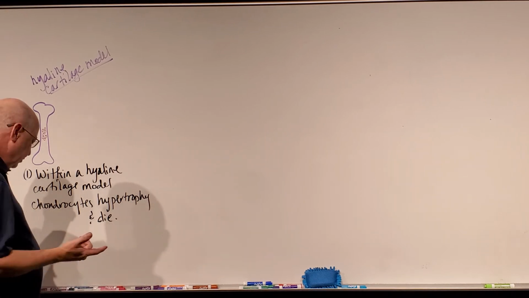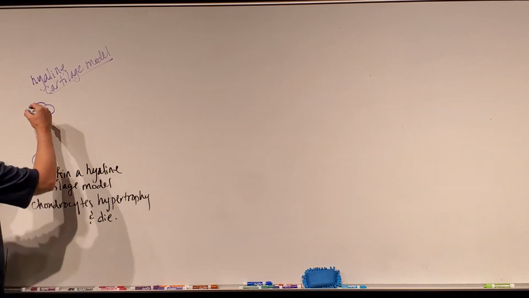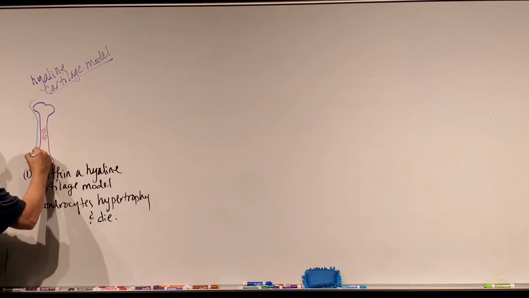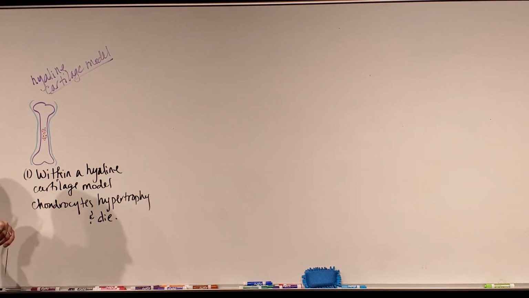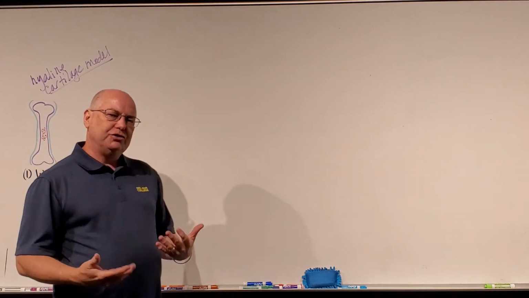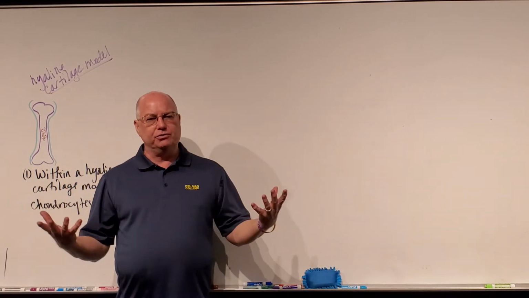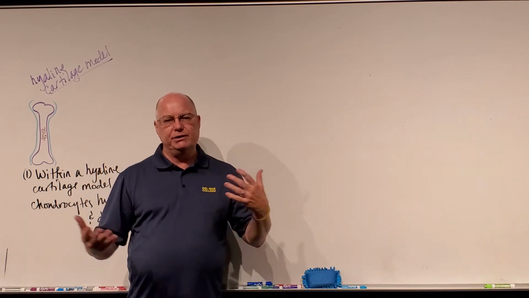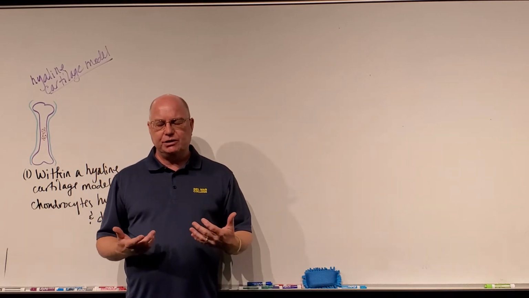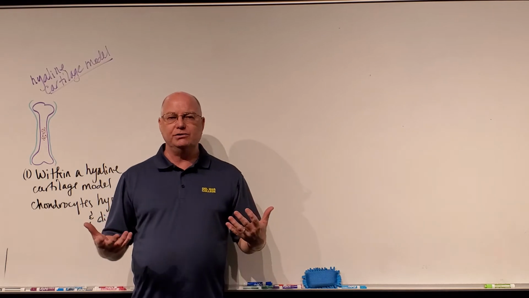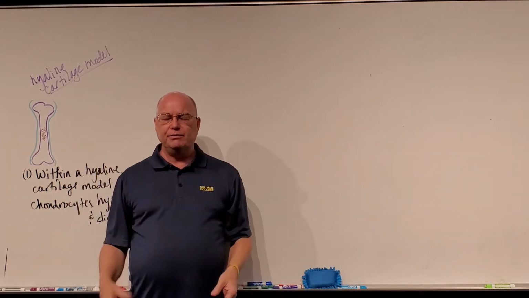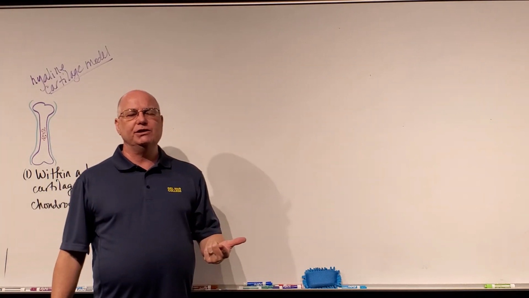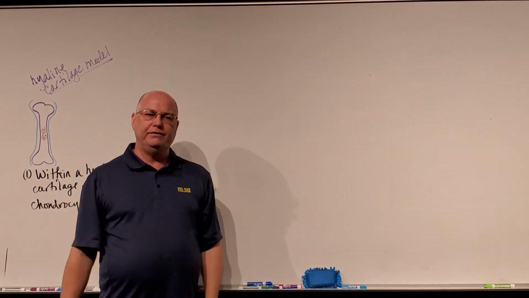Now, there's a membrane that surrounds the cartilage called the perichondrium. I don't know if this light blue marker shows up very well, but that would be our perichondrium. When cells are dying, they release chemicals. Cells communicate by releasing all these chemicals, and some of these substances communicate to other cells that these cells are in trouble. And as they're dying and releasing those chemicals actually can stimulate the regrowth of blood vessels.